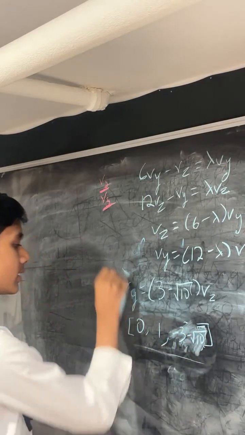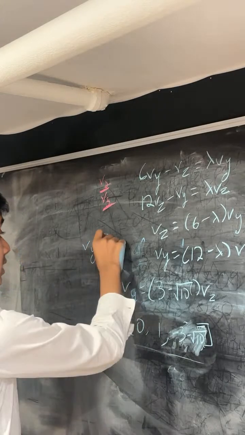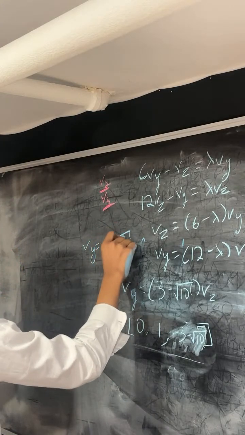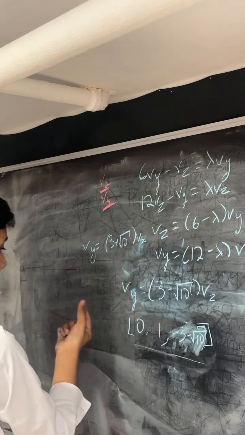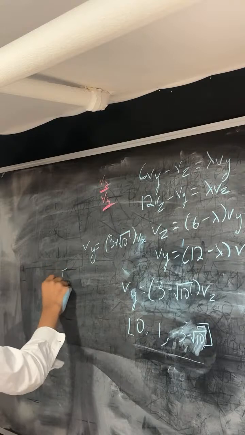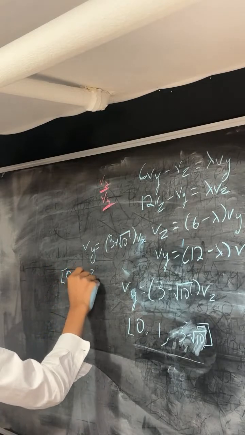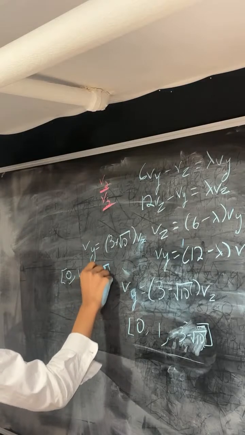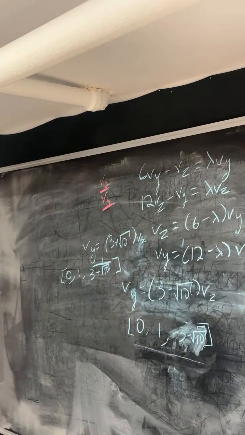And the other one is where Vy is equal to 12, well, 3 plus rad 10 Vz, where we can expect an eigenvector that looks something like 0, 1, 1 over 3 plus rad 10. But what's 1 over 3 plus rad 10?